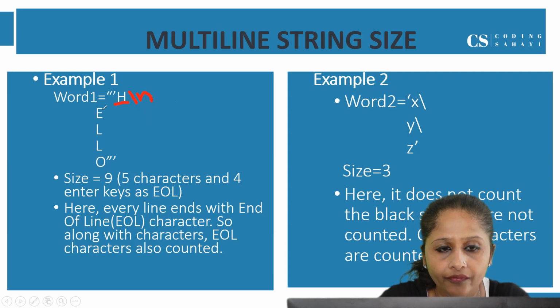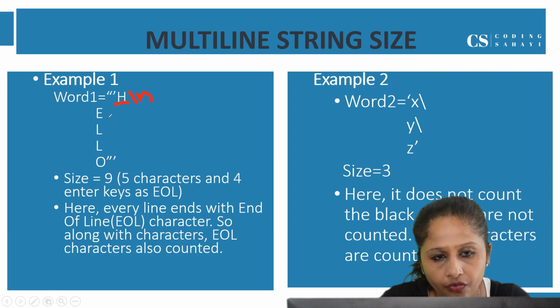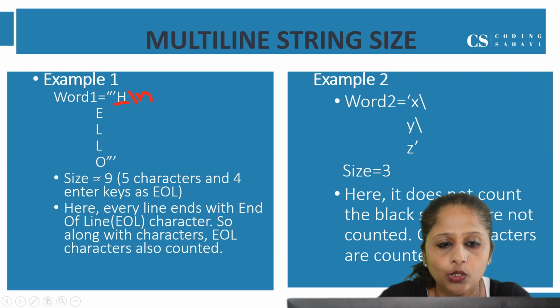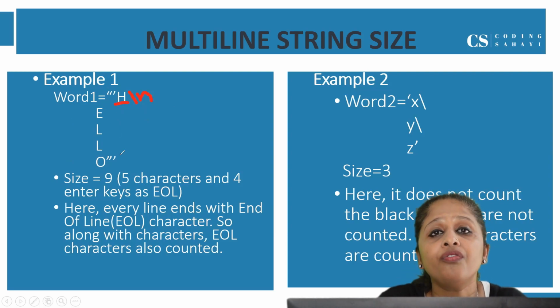Same way for E, one more slash n will be there. So here 1, 2, same way 3, 4, 5, 6, 7, 8 and 9. So the total size is 9, that is the printed characters are 5, and along with that we have 4 new line characters, or 4 end of line characters.